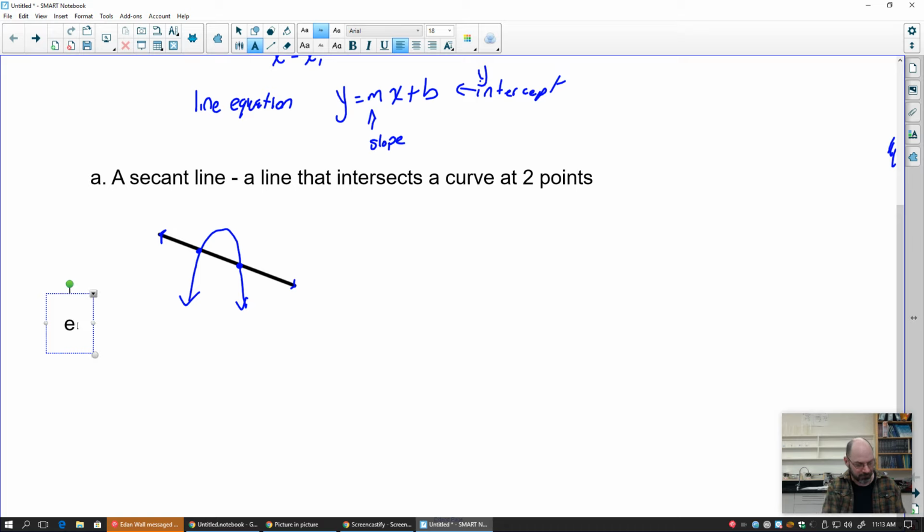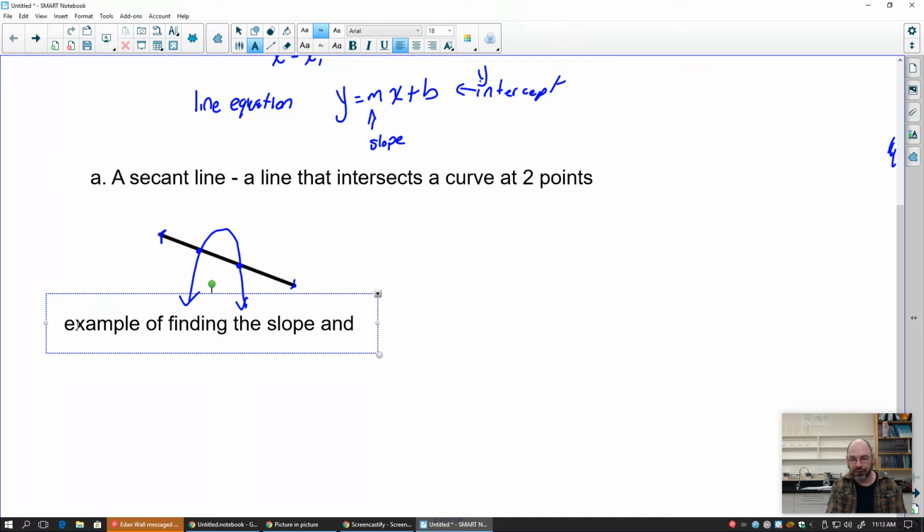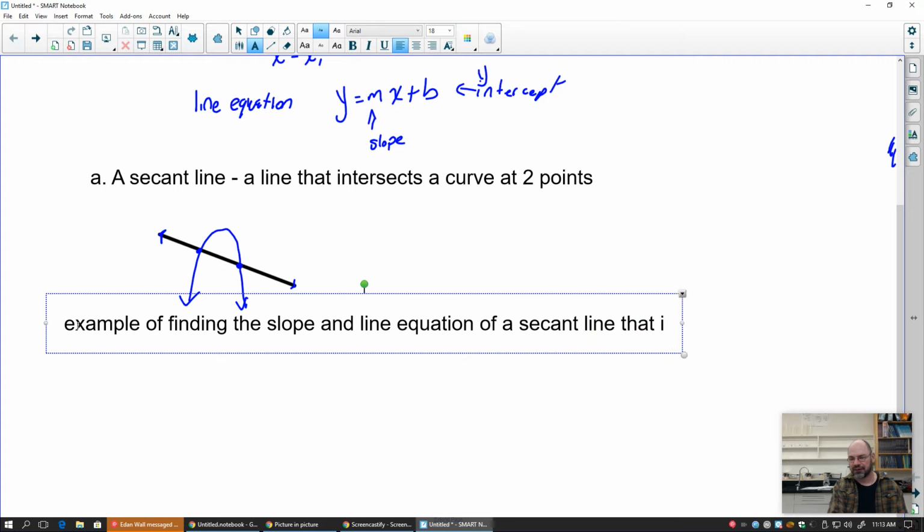Example of finding the slope and line equation of a secant line that intersects a curve.